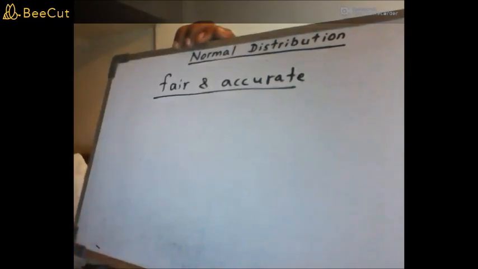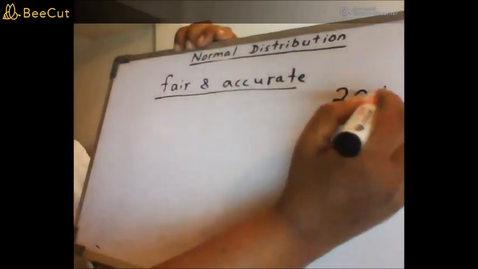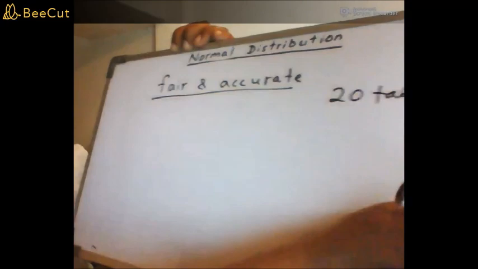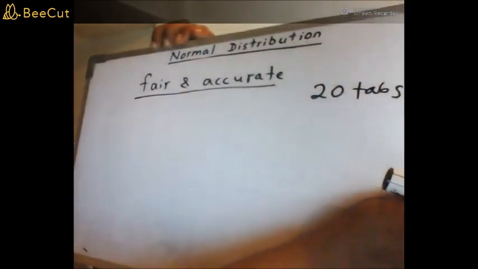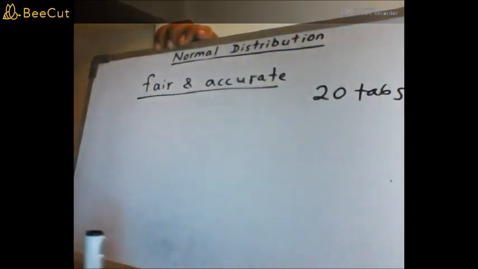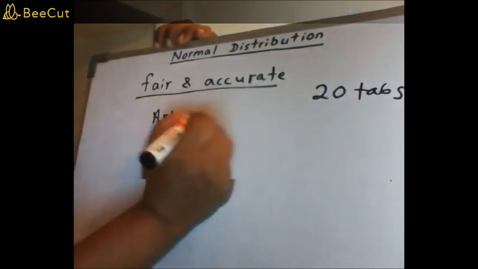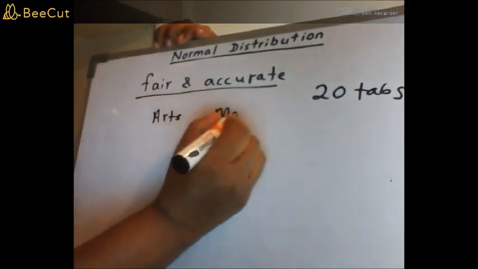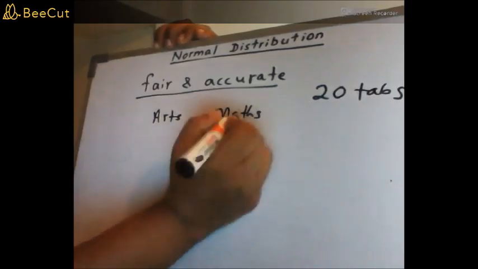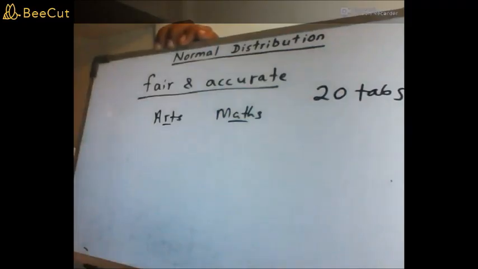For example, now we say we have 20 tabs or laptops, and we want to give these to the students. Now in one school there are 2 streams and 2 classes. We'll say arts students are there, 1 class, and math students, physical science class.